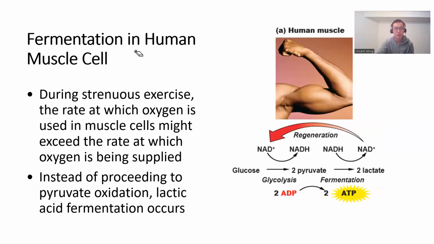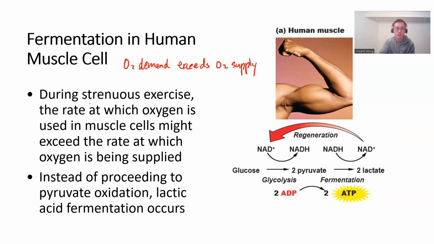So fermentation also can happen in human cells, in human muscle, when oxygen demand exceeds oxygen supply. When you need more oxygen than is being supplied through your breathing, then we switch to fermentation.